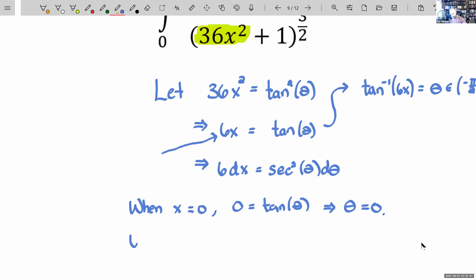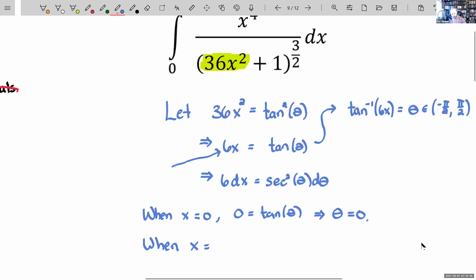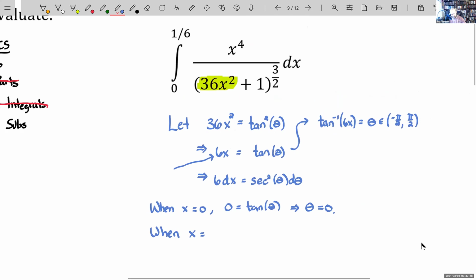And then when x is equal to the upper limit, which is 1/6 in this case, then we have 6 times 1/6 is equal to tangent of theta. That is, tangent of theta is equal to 1. And we know that the angle that you would plug into the tangent to return 1 is pi over 4.